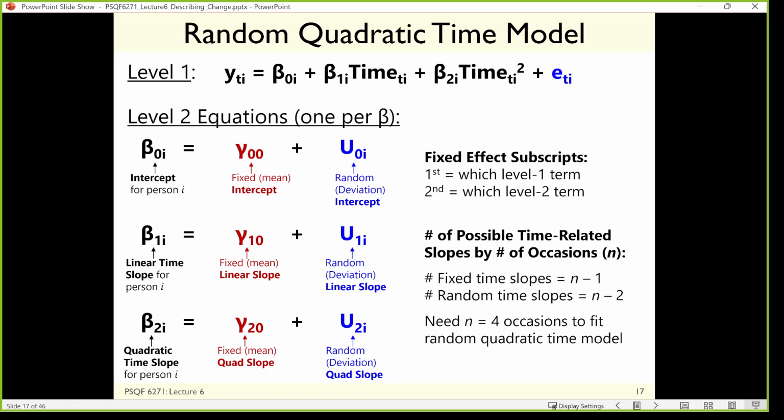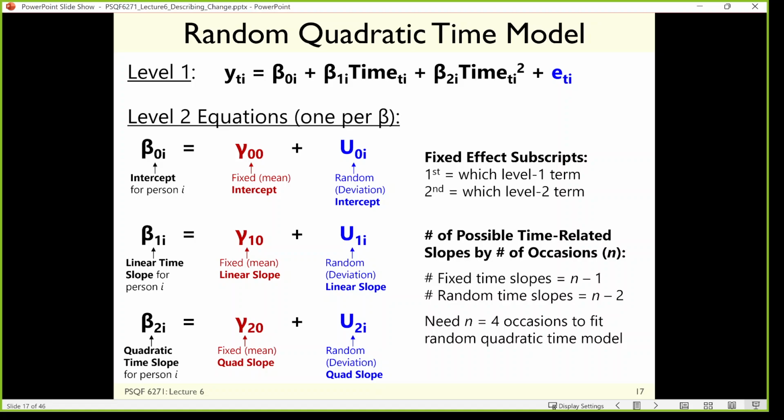So how many occasions do I need to fit this model, given that I have a random quadratic term? And feel free to read from the slide as usual. How many occasions do I need to fit this? At least 4 to have the random quadratic.